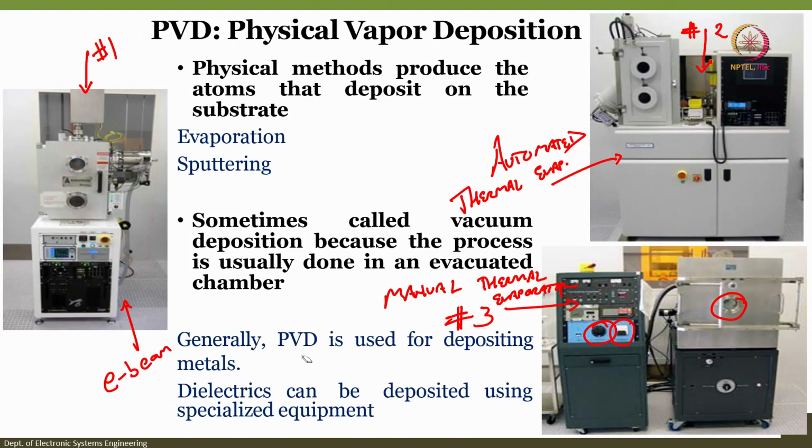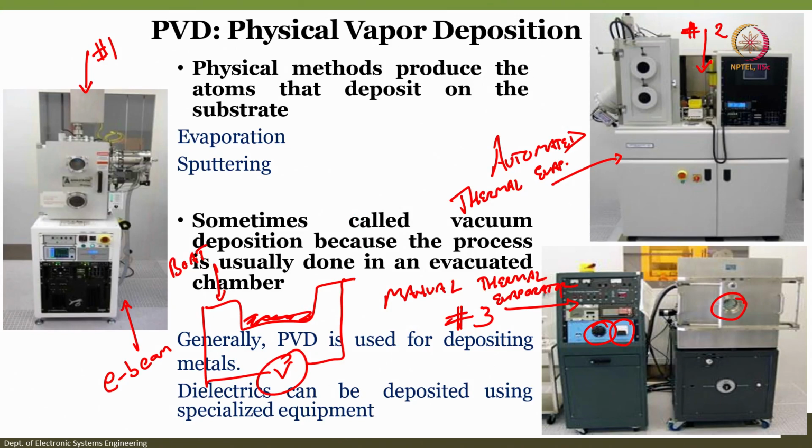When the boat gets melted, let us say you have this and you have material here, and you apply voltage, and the current becomes so high that the material of the boat itself starts melting. This is not a good idea, because then two different metals get deposited onto the substrate, forming an alloy.